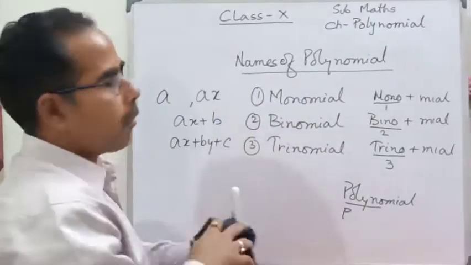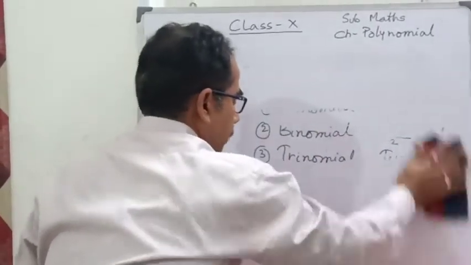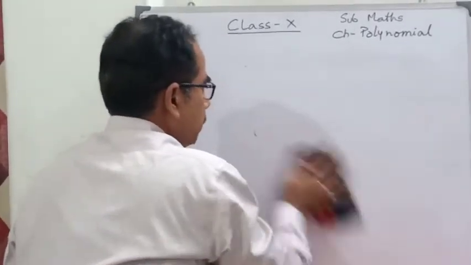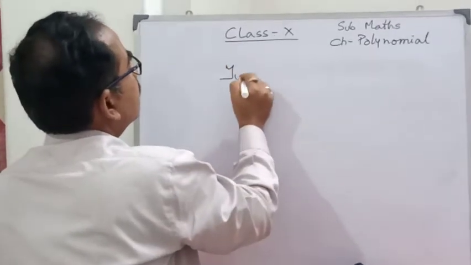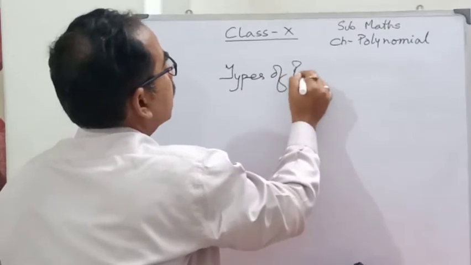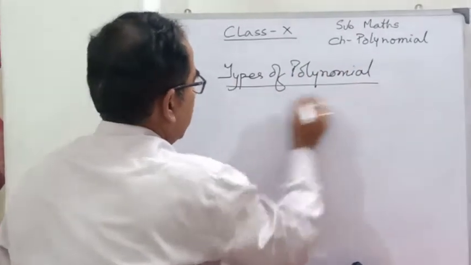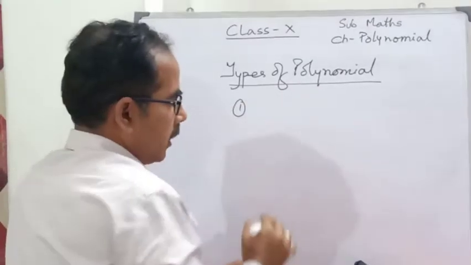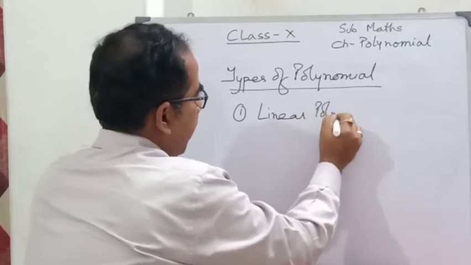Next is types of the polynomial. In the types of the polynomial, number one is the linear polynomial.